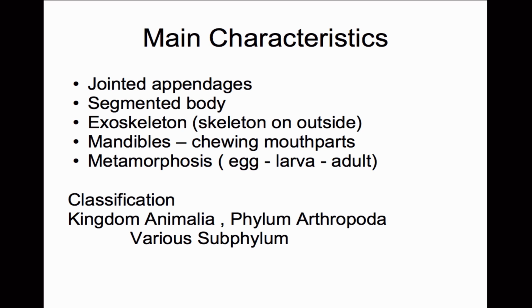It's anything coming off of the main body. They have a segmented body, so sometimes they have 3 segments, sometimes they just have 2. They all have an exoskeleton, so their skeleton is on the outside of their body. They have mandibles, so they have chewing mouth parts, and they all go through a metamorphosis, so they have an egg, a larva, and an adult stage.